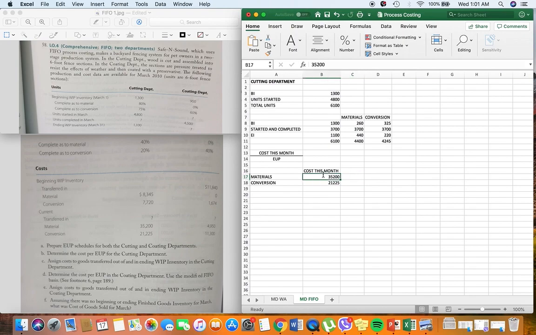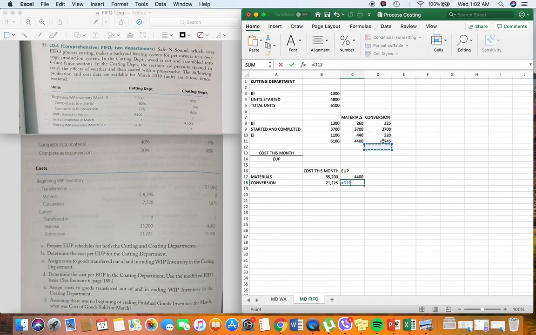As you can see, there is a question mark here in the transferred in cost of the cutting department. So, the transferred in cost in the cutting department is 0 since this is the first department. And then also we'll get the EUP for materials and conversion.